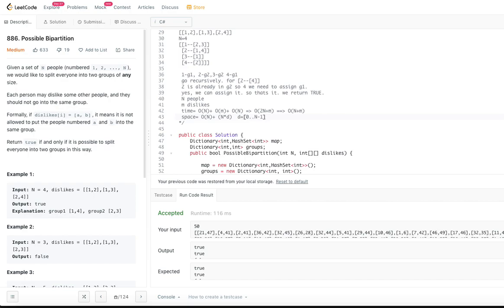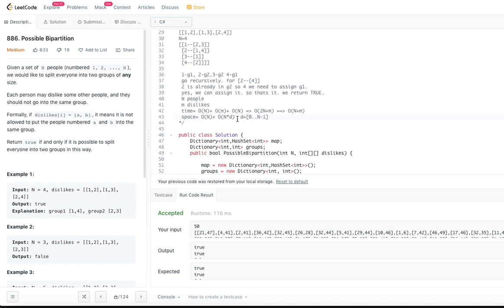That's the reason why we need order of n into d for map. We don't know this d as of now. So the space complexity is order of n plus order of n into d. I would leave it right there, as I don't know the complexity for d.